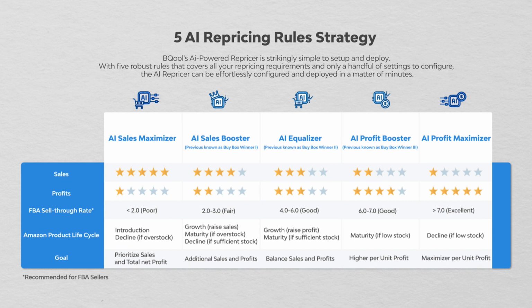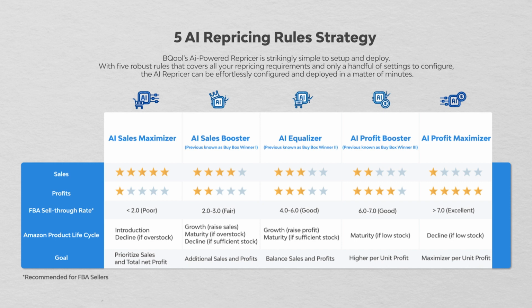And then we're going to share with you how to pick which AI rule you should choose. Basically, first, you want to see whether your goal is higher sales volume or higher profit per unit. So let's say I'm trying to sell some toys for Christmas, and I know that these toys are going to sell really well in Q4.